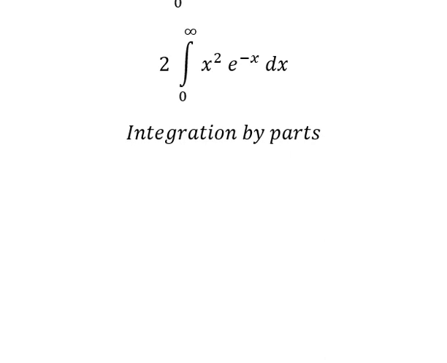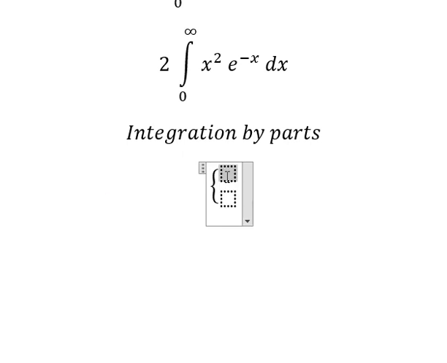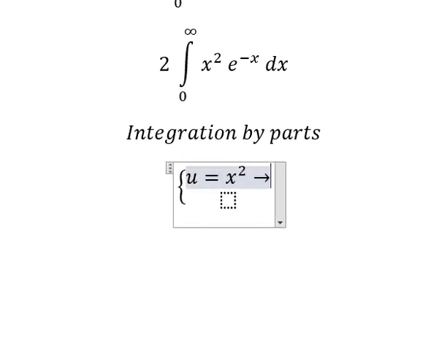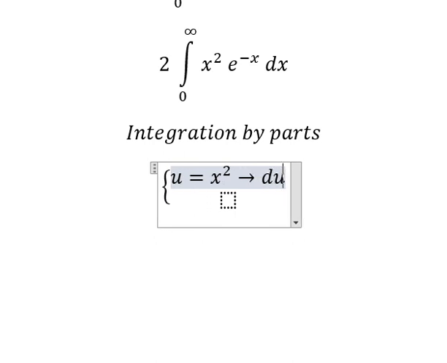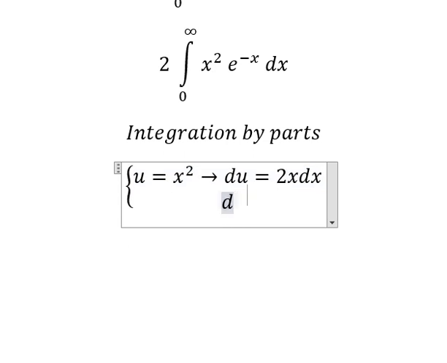So I will put u equals s squared. Then we first do the derivative for both sides, and we have 2s ds. dv is this one.